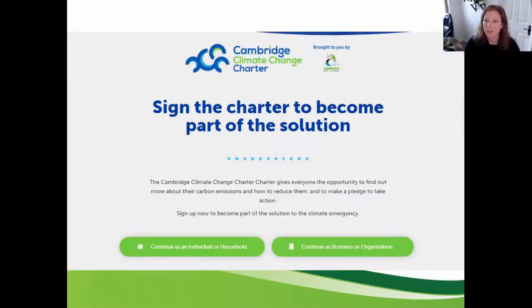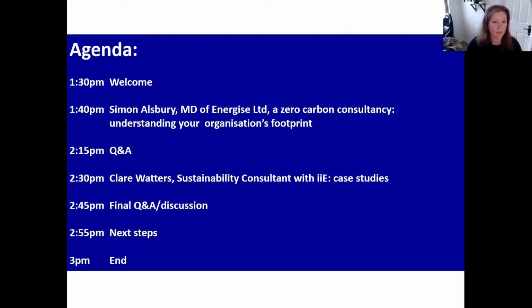But what you can do is make pledges to reduce your business's environmental impact through fairly broad but important pledges, things like committing to write an environmental policy, calculate your carbon footprint, etc. And CCF will be following up on those that have committed and hopefully creating a nice community of businesses in Cambridge.